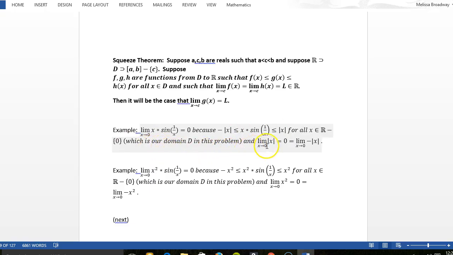This is true because it is caged between these two for the domain of non-zero reals, and because the limit as x goes to 0 of these two guys here obviously equals 0.